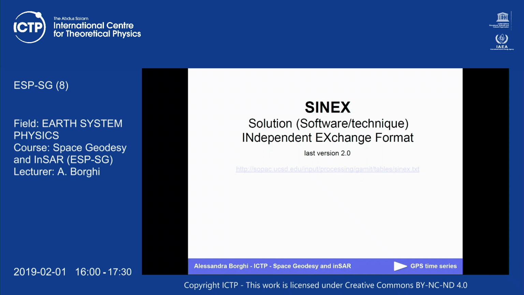So we have a format for the raw data, the data that we have from the receiver, and the SINEX. From the receiver, you don't have RINEX data. You have a file in the binary format of this type of receiver. We have to save memory in the receiver because it's small.